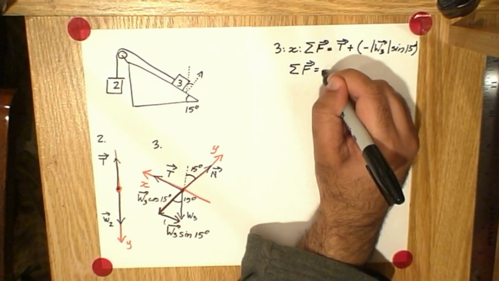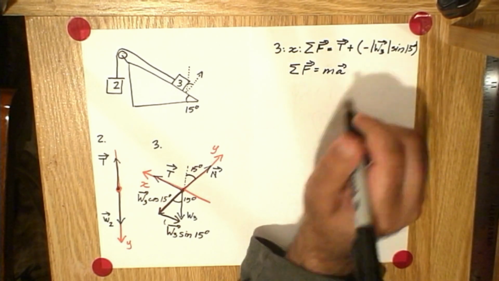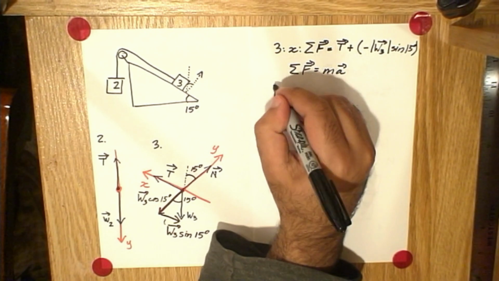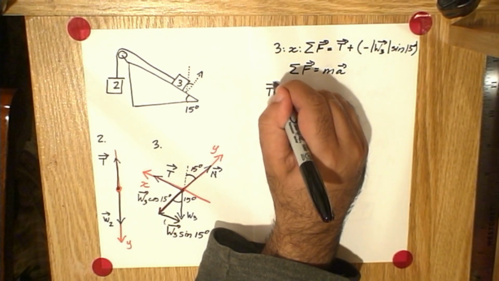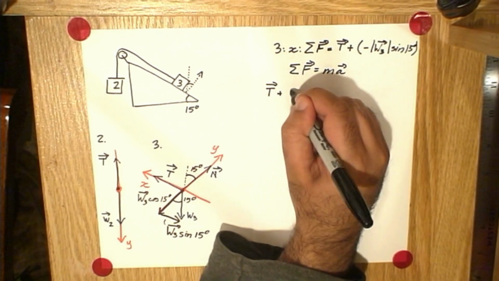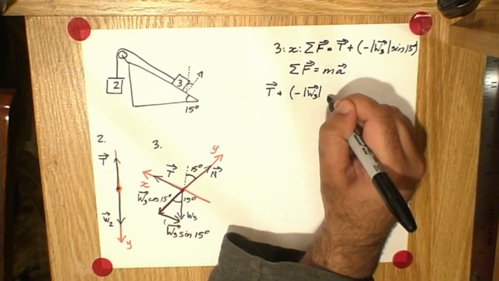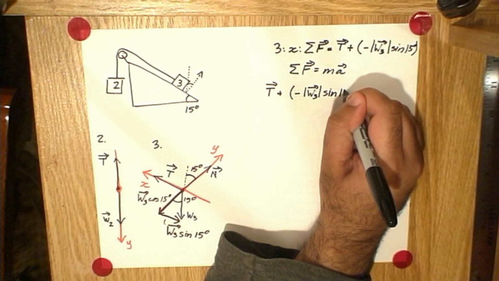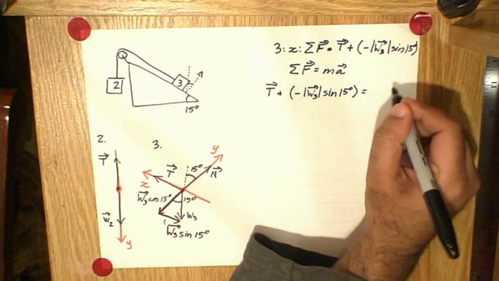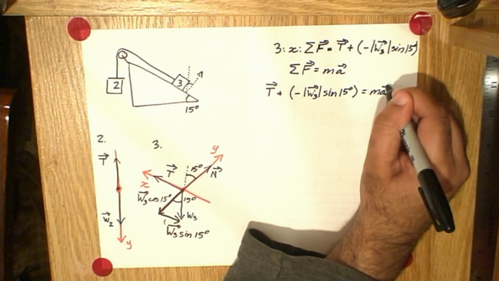The total force is equal to mass times acceleration. So the tension plus negative weight sine 15 degrees is equal to mass times acceleration.